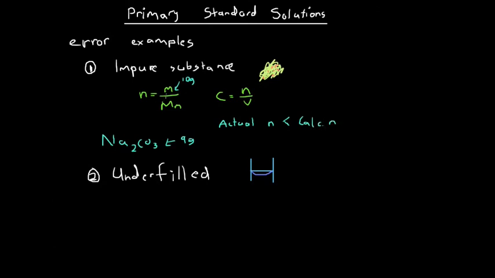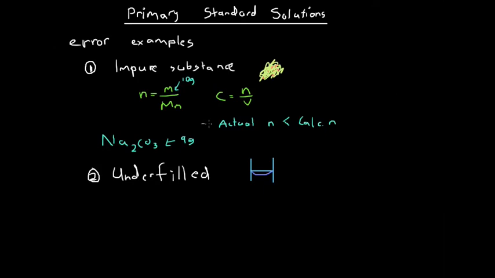Because this is the calculated mole, where we used 10 grams, which was a mistake. In reality, we should have used 9 grams, which is less than 10, and so the actual mole is less than the calculated mole. That's the first key point to look for.